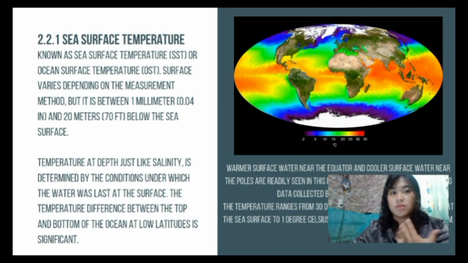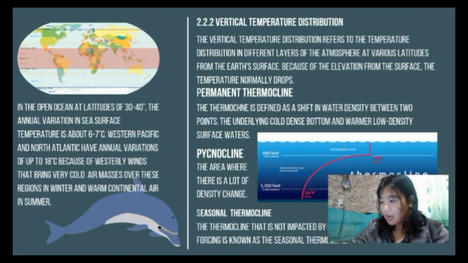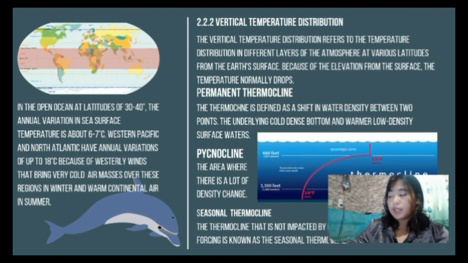That is why sometimes it's cooler in the ocean at latitudes of 30 and 40 degrees. The annual variation in sea surface temperature is about 6 to 7 degrees Celsius. In the Western Pacific and North Atlantic, annual variations are 18 degrees Celsius, because westerly winds bring very cold air masses over the regions in winter and warm continental air in summer.